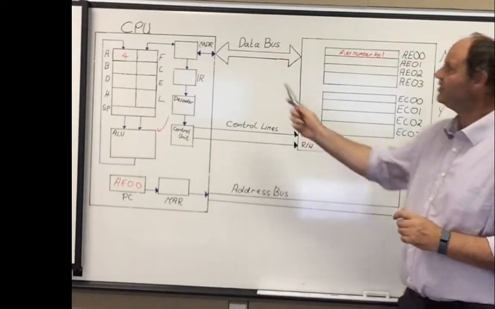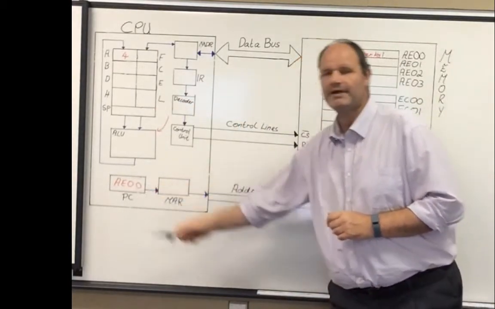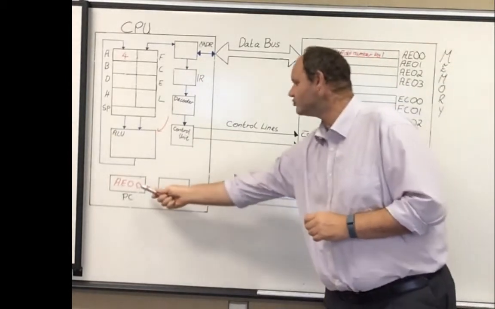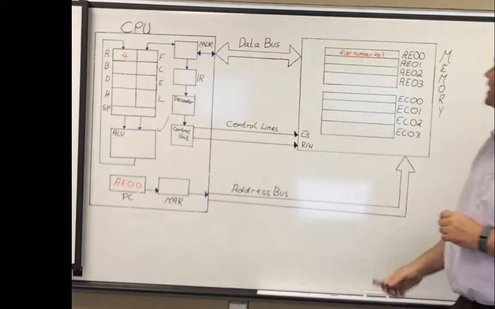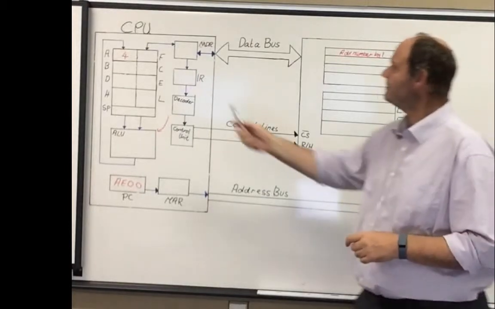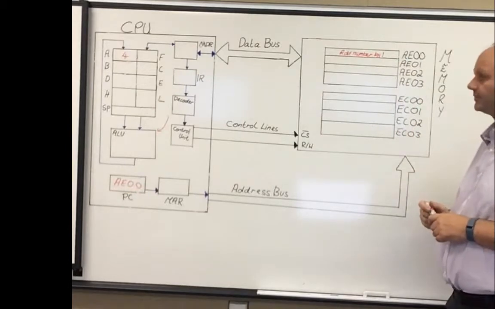Within the CPU itself, there is the program counter. The program counter already has the address as to where this instruction is found. So what happens is the CPU will want this instruction.